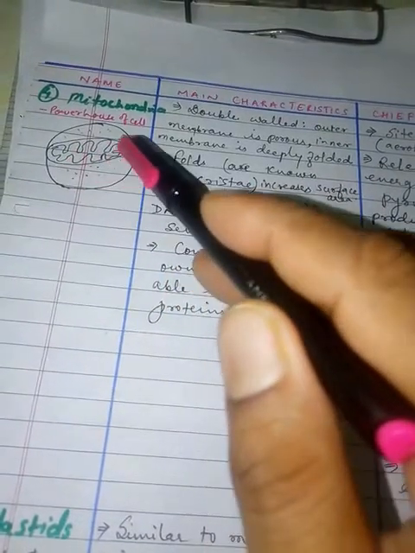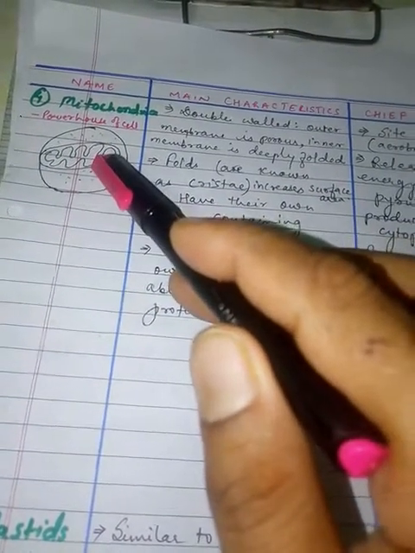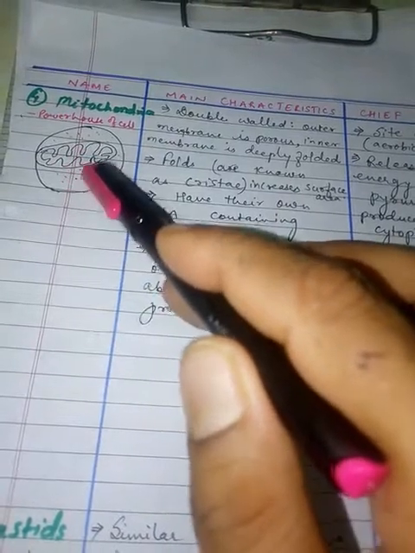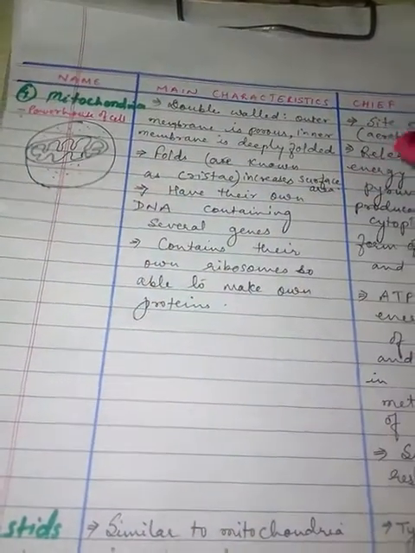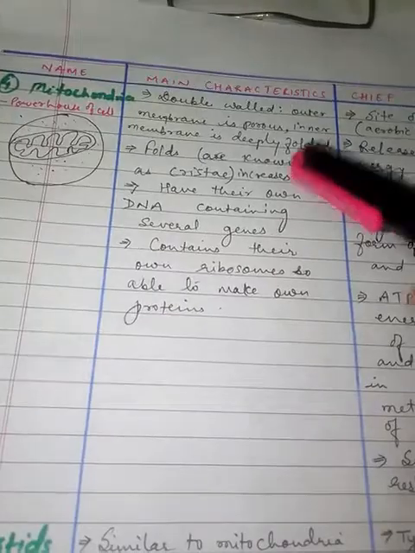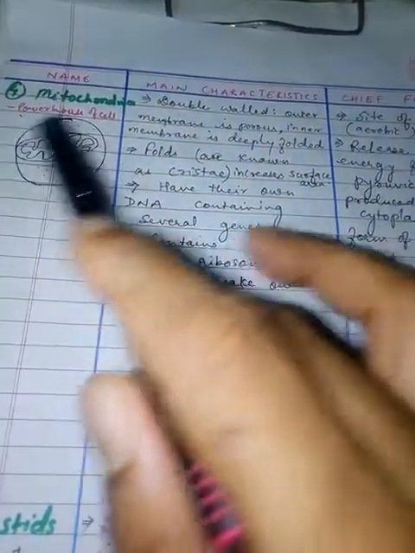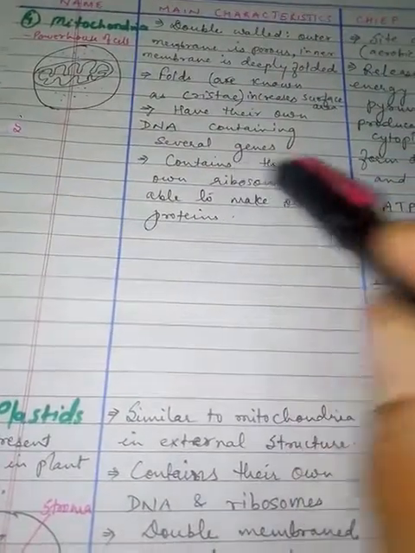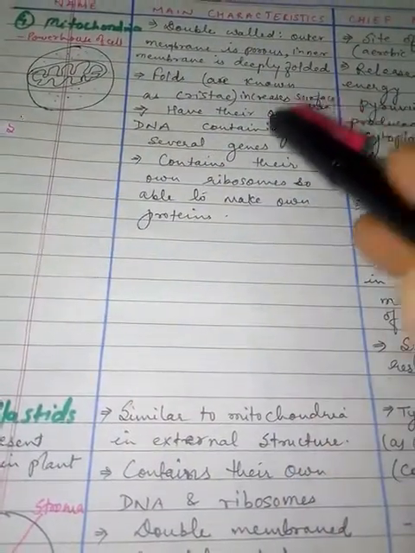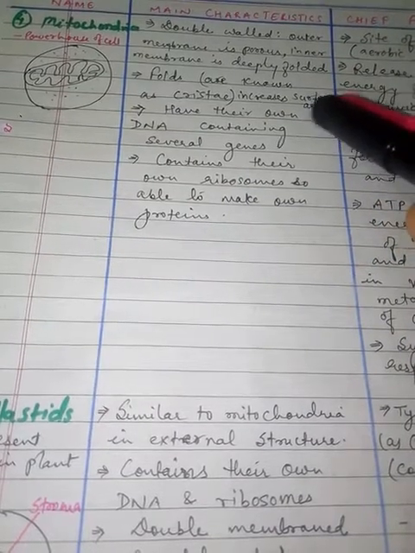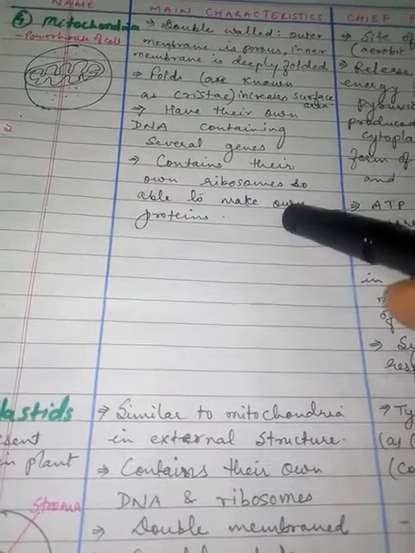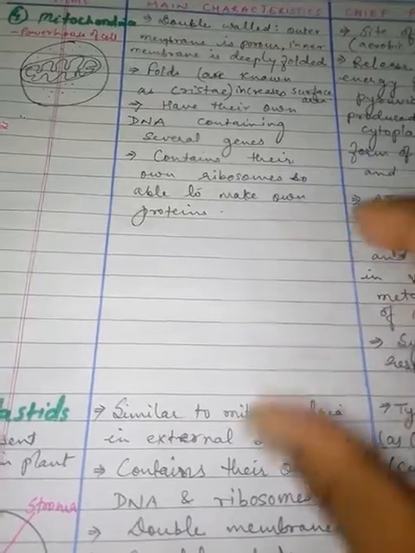These projections are in its inner membrane, and these folds are known as cristae. The role of cristae is to increase surface area, to provide a bigger site for respiration.